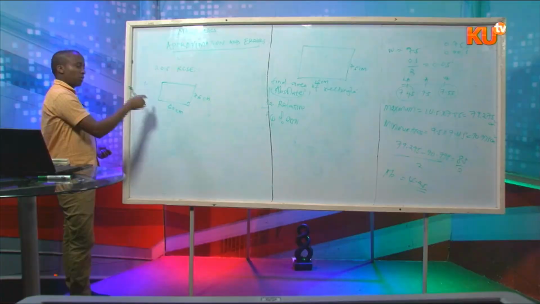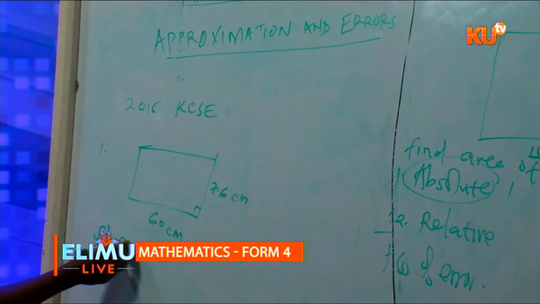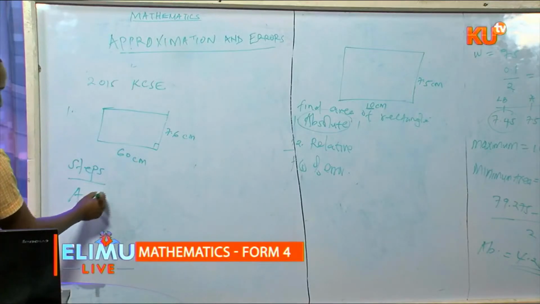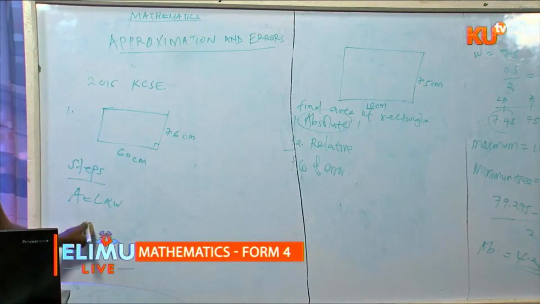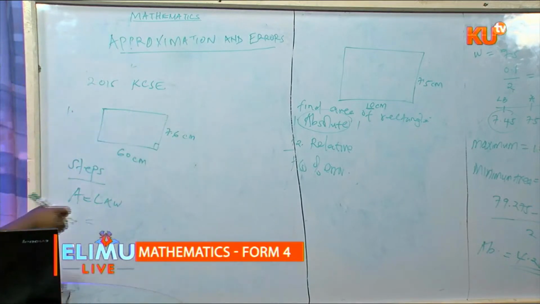For this one, first you must get the absolute for us to get the relative, because we know the relative is the absolute over the actual measurement. The first step is to know the formula. The area is equal to length times width. This is always there in paper 1, paper 2, section 1, to get the relative error of the area of different geometrical figures.